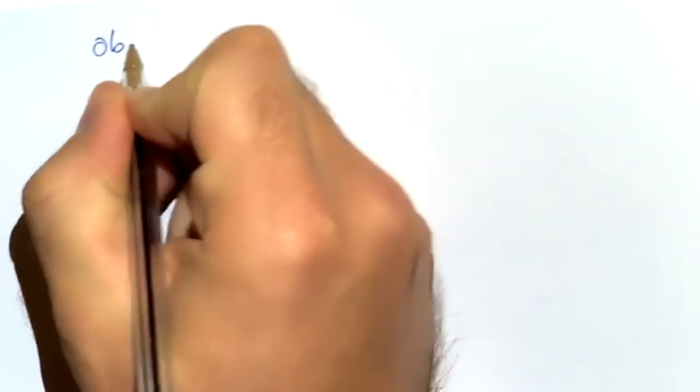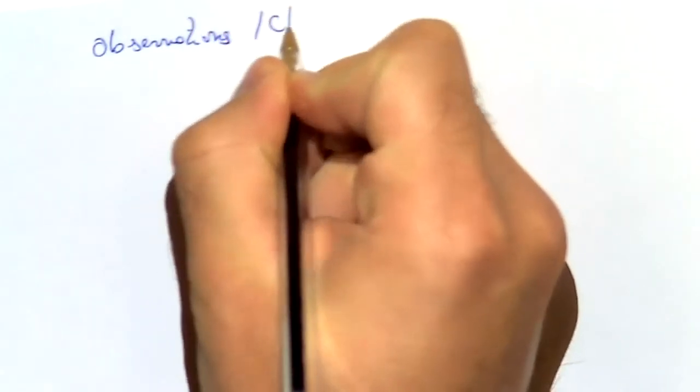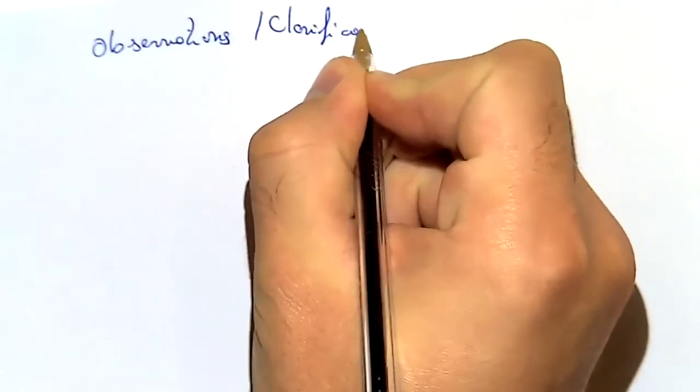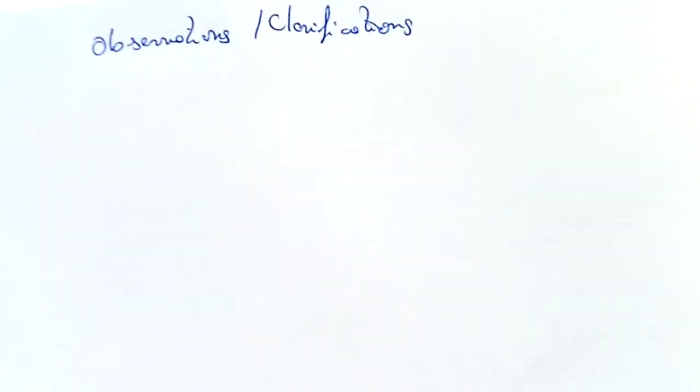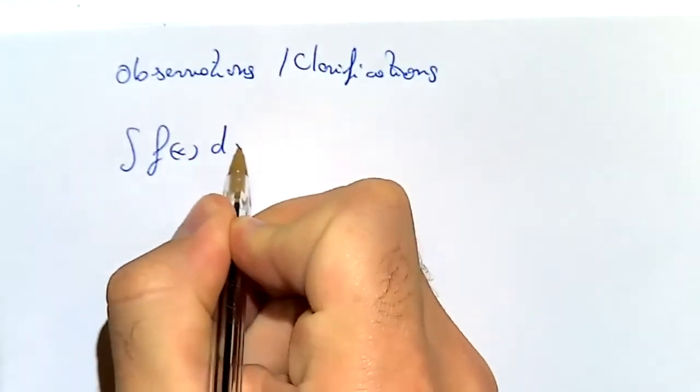All right, let's get back to integration. Exciting. First of all, a couple of observations right off the bat. Let's just call them observations or clarifications, okay? First one is, I wrote all the time, integral f of x dx.